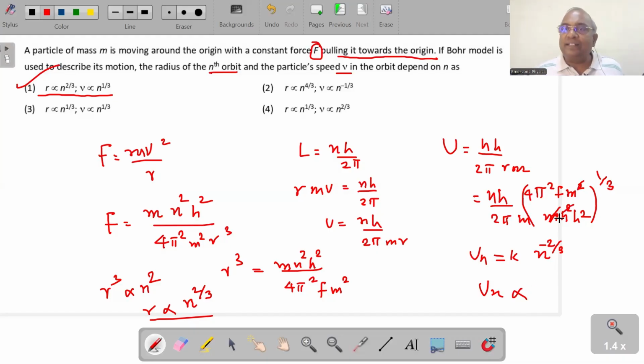One n gets cancelled, sorry. So in the denominator the value is 1 by n to the power of 1 by 3. Coming to the numerator, n to the power of minus 1 by 3 is the answer. vn is directly proportional to n to the power of minus 1 by 3.